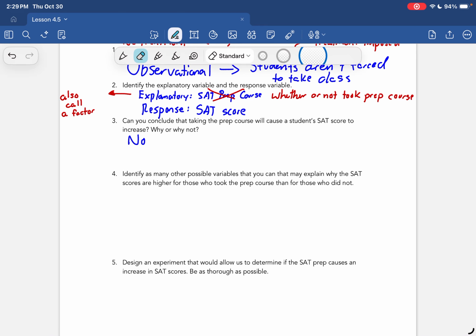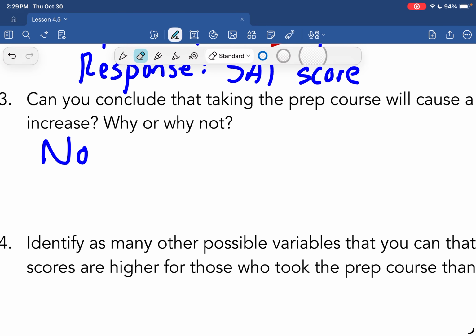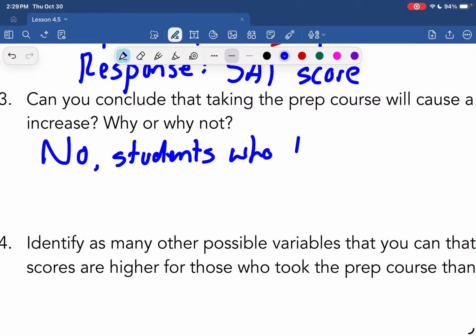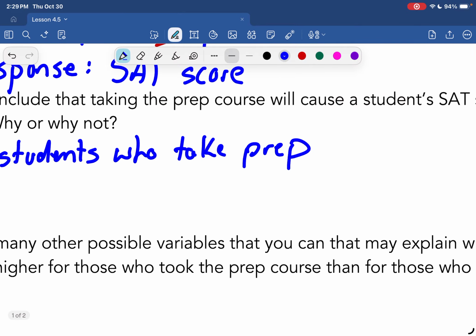Now, we can get into correlation and causation, but I just want to talk about it in this context. One of the things we could see is students who take the prep course, maybe they're highly motivated.